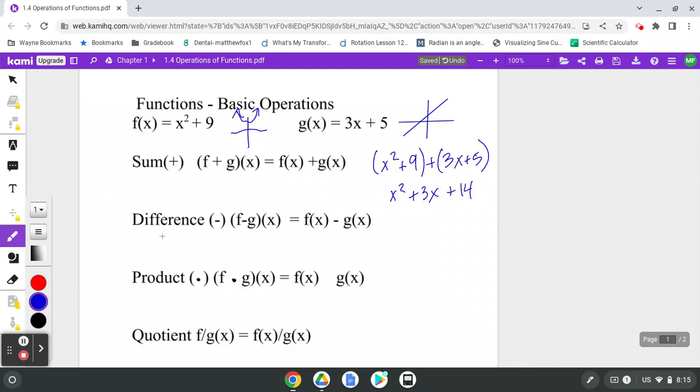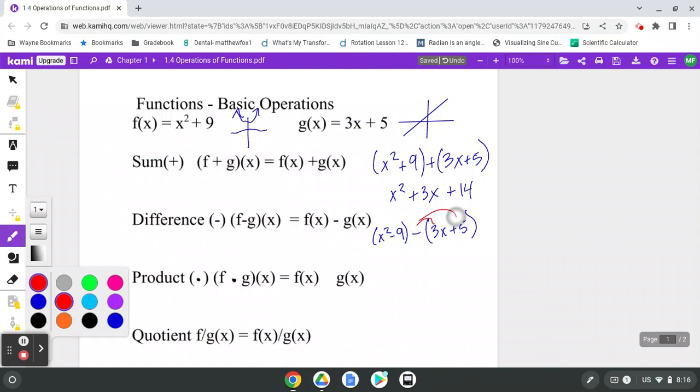Now in this next one, difference, I'm sure many of you know, difference is subtraction. So f of x minus g of x, we're going to have x squared plus 9, minus 3x plus 5. Now we have to be careful here. If we have a minus, we can think of that as like a -1 that we're going to distribute in with each of those. So that's minus 3x minus 5.